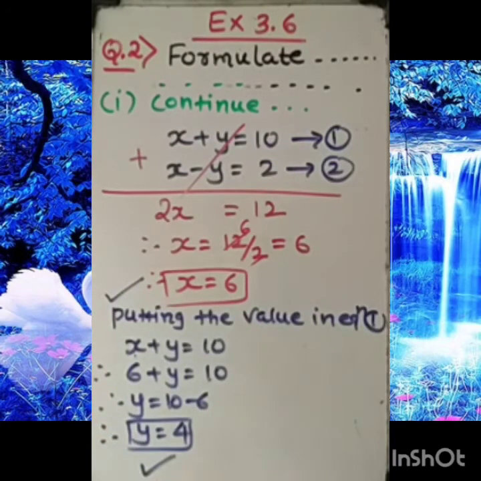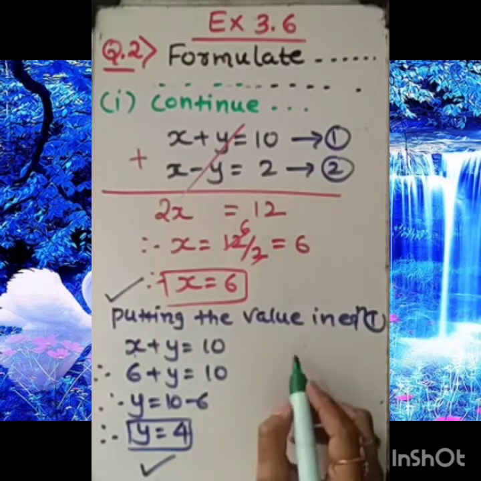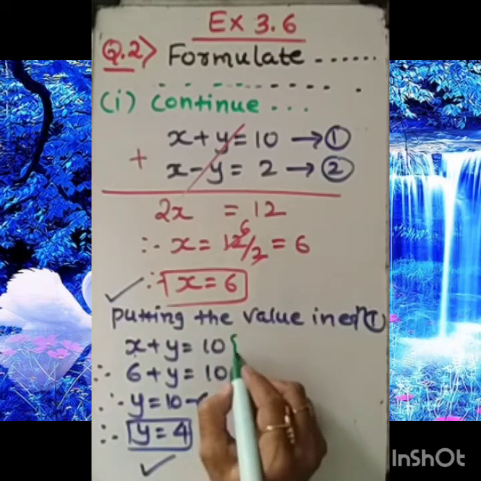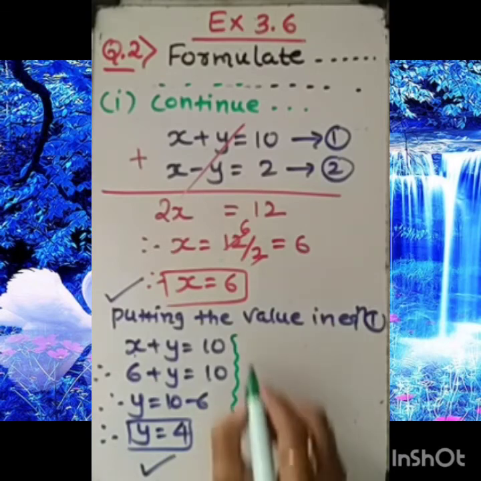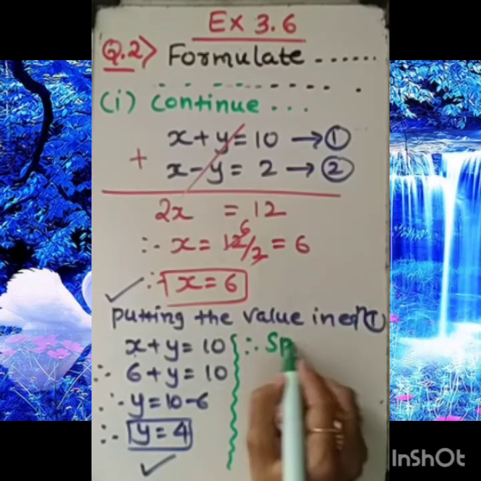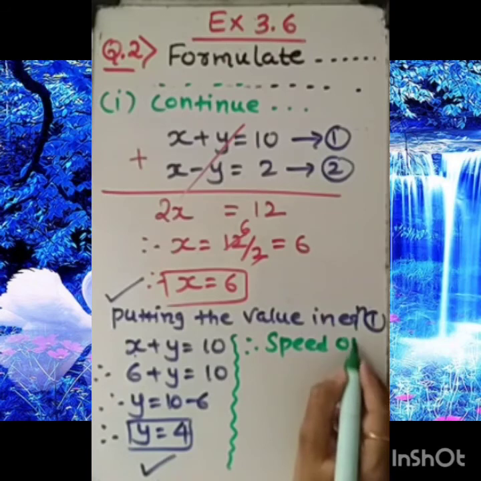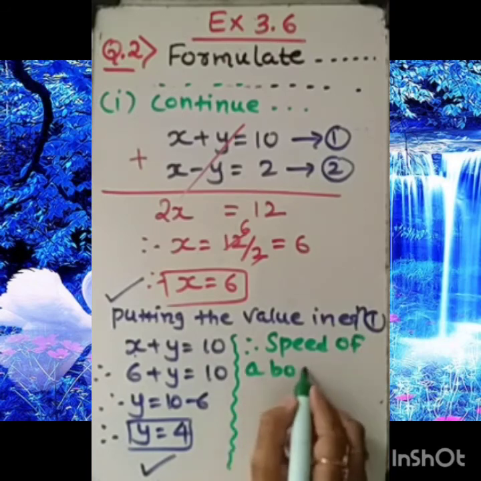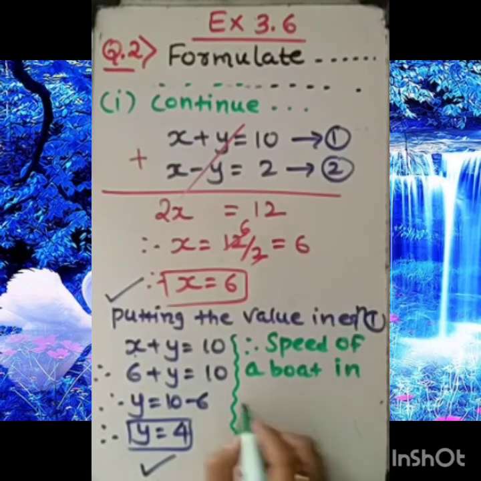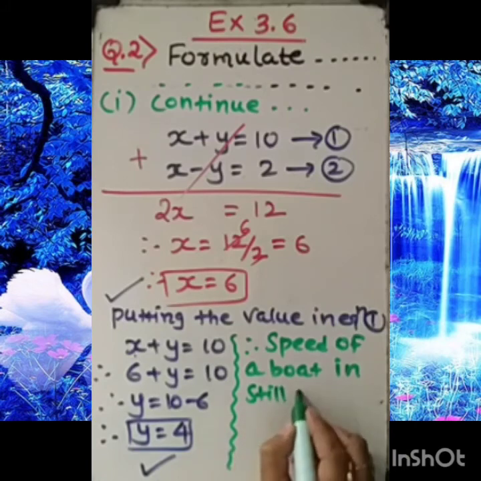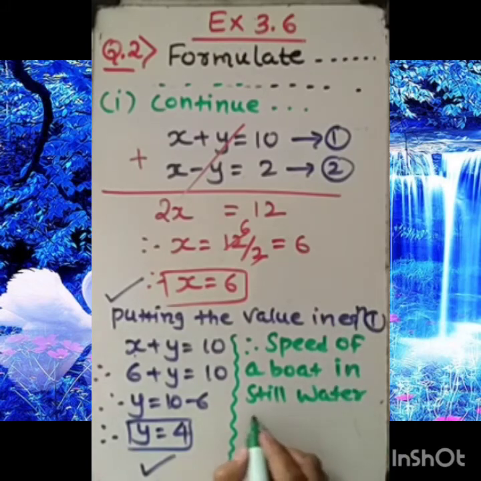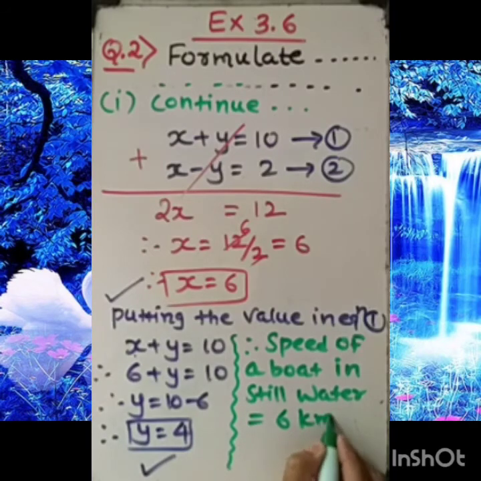But this is not the required result. We need to write it in statement form. What we have assumed x for is the speed of the boat in still water. So we need to mention, therefore, speed of the boat in still water is 6 kilometer per hour.